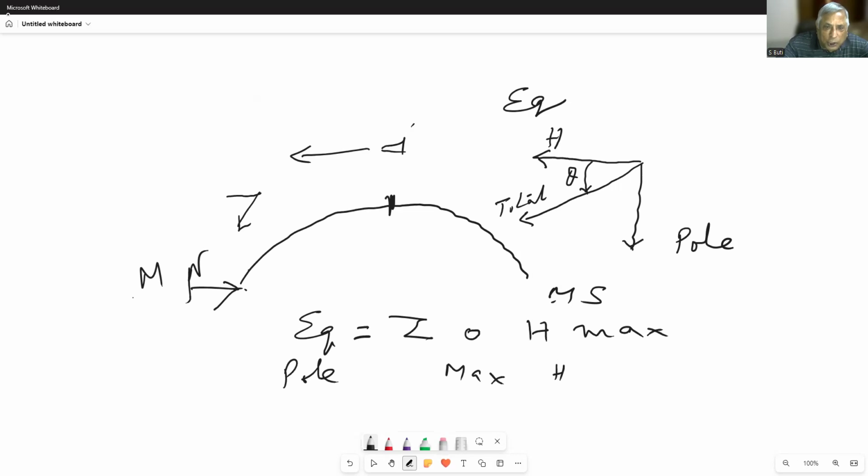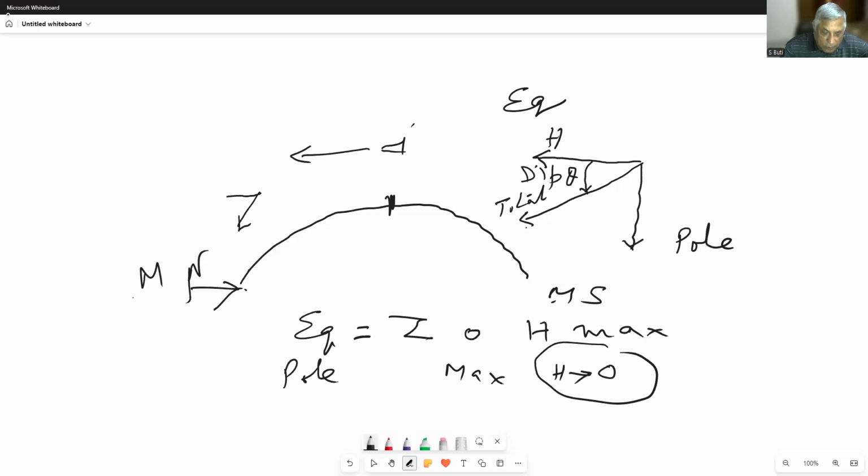There is no horizontal force. And therefore, a normal magnetic compass cannot be used over the pole. The value of the horizontal component is 0, which gives you the direction. The angle between the horizontal and the direction taken by the needle is called the angle of dip, or theta.